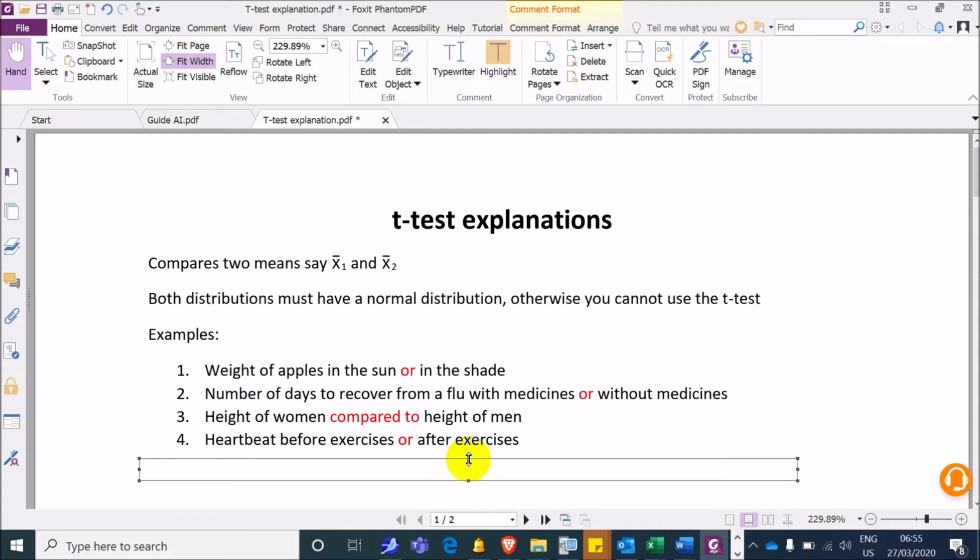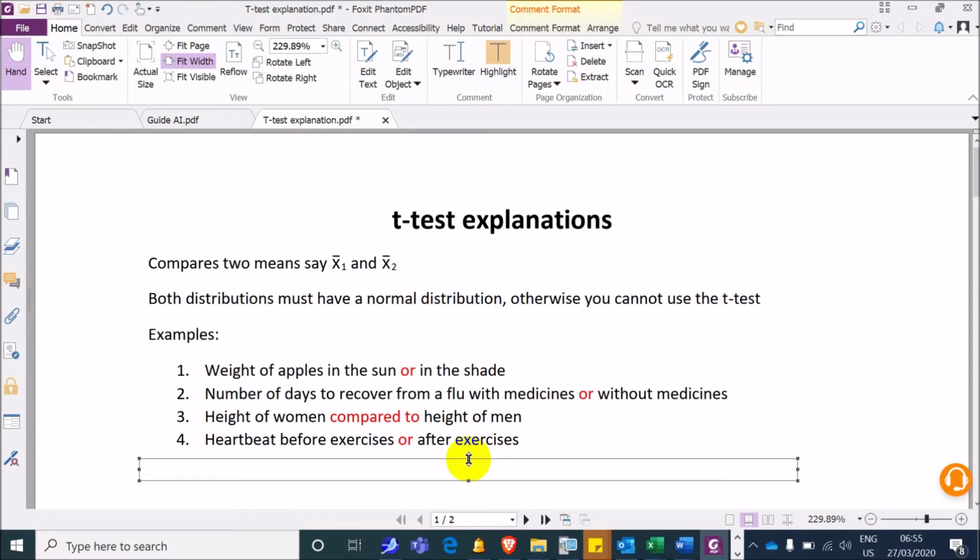In number 2, we have without medicines as the control, and we are comparing that with medicines shortening the flu. In number 4, we have as the control the heartbeat before exercises, and then we compare that with after.